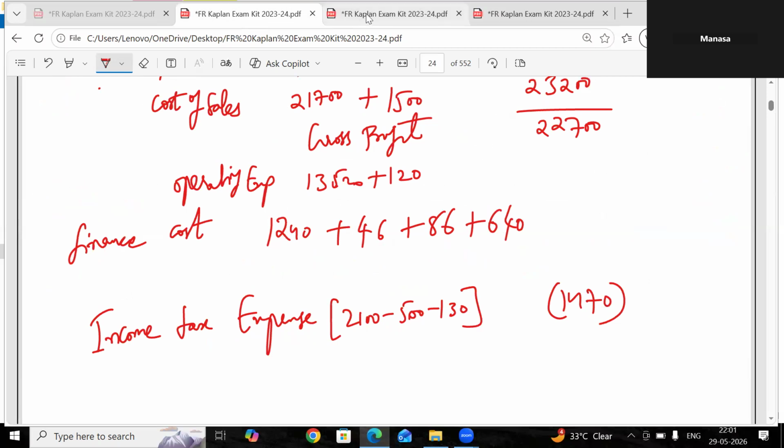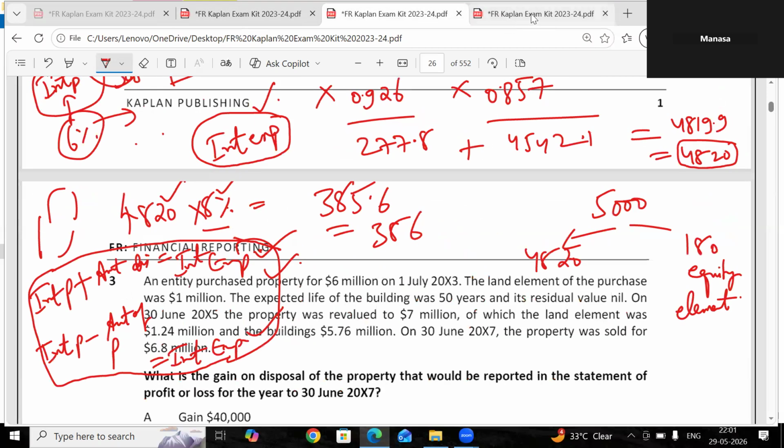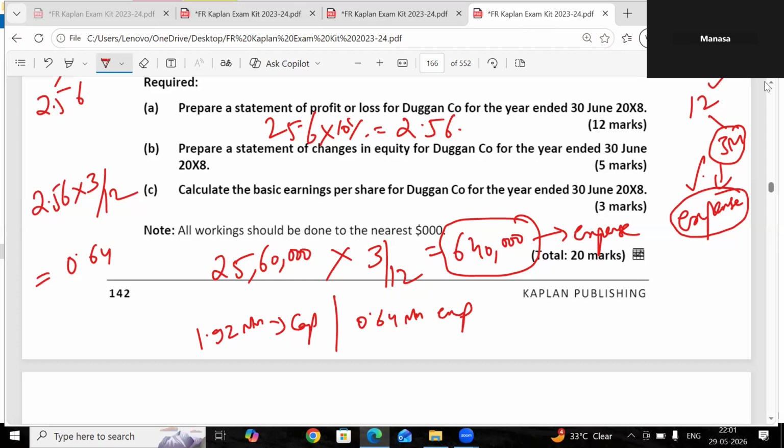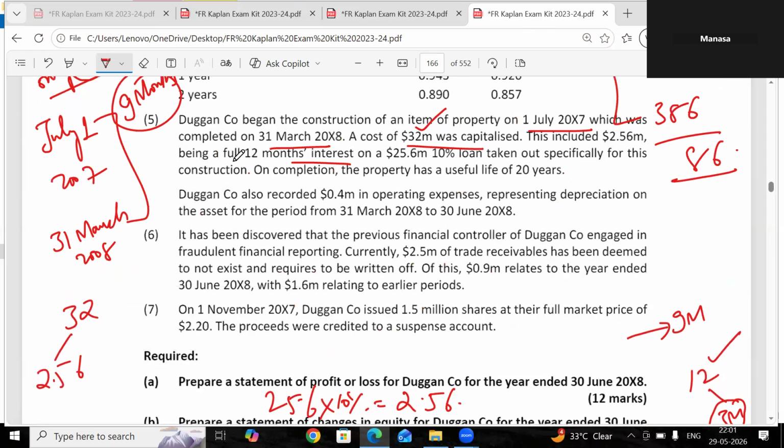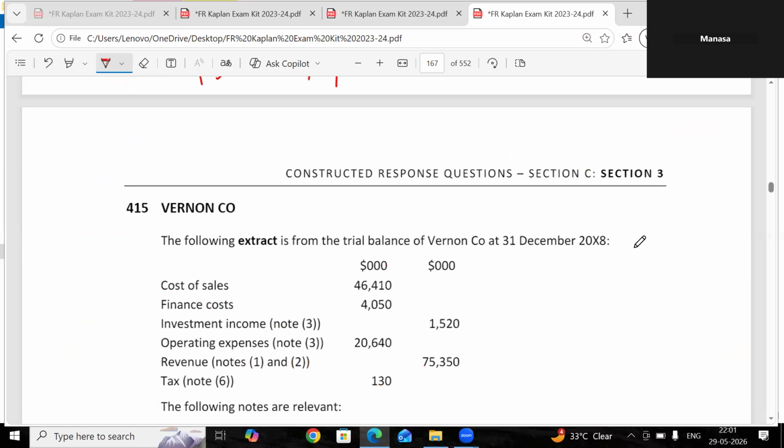Now one more catch in that. See what had happened: if you capitalized your asset with extra 0.64, your asset has increased more by 0.64. Yes or no? You added extra value to asset, so it increased your asset value by 0.64 or 6,40,000.